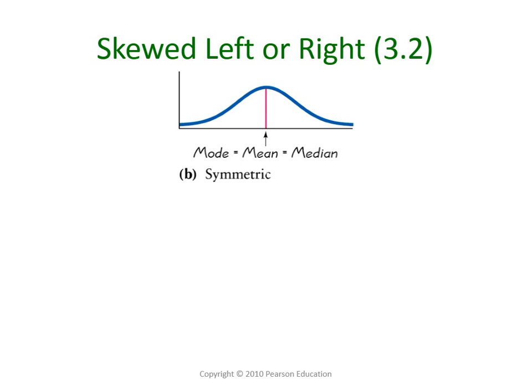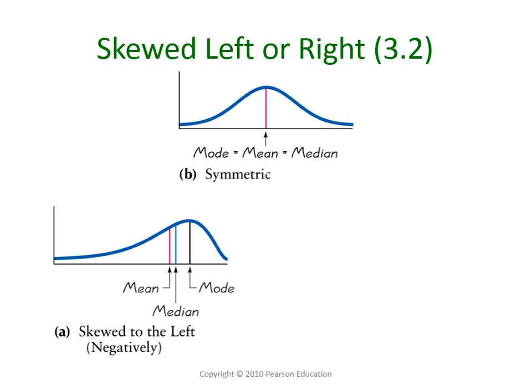And so your mean, when you add all the values up and divide by how many there are, ends up being in the middle. The median is looking for that middle value. If it's perfectly symmetric, then it's folding over on top of itself, and so that middle value is also in the middle, the same as your mode. That highest point is always your mode.